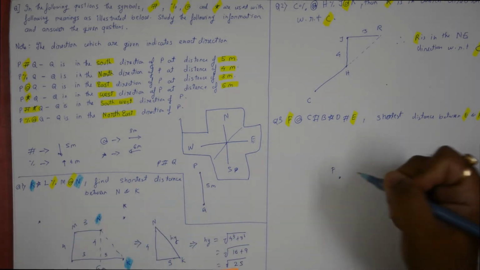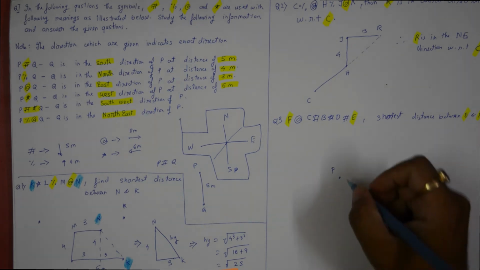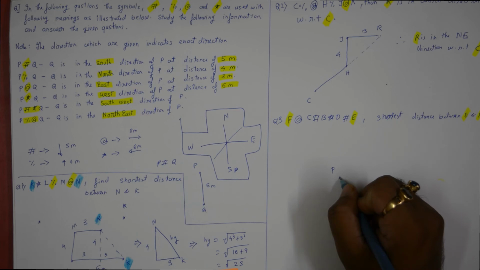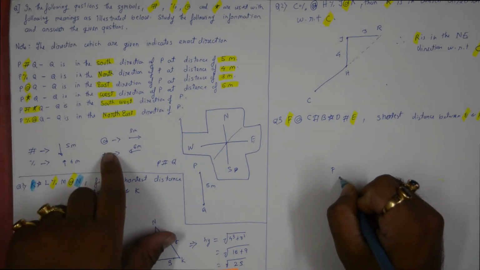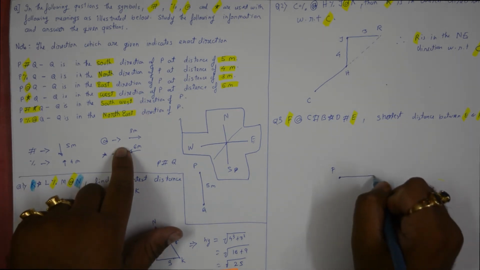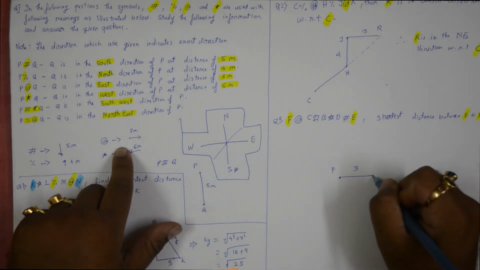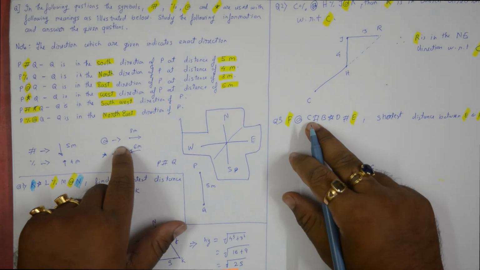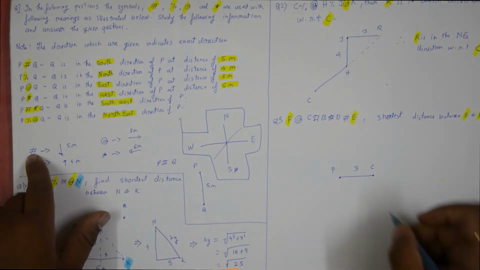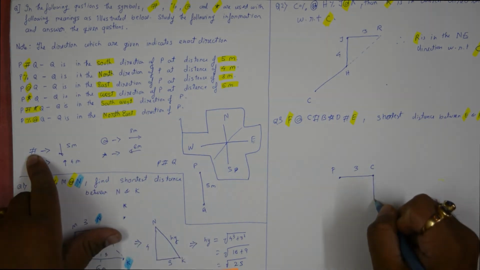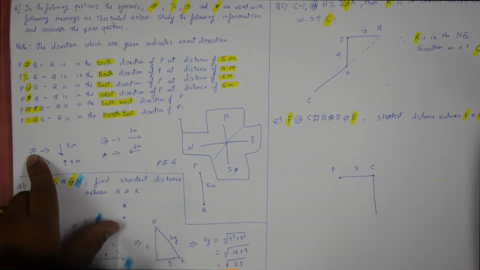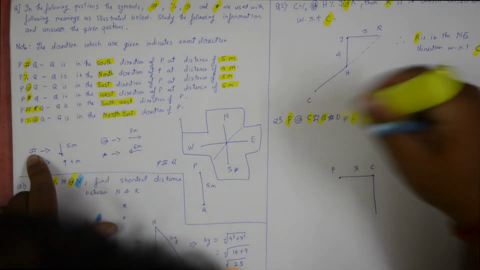This will be our F. Now at the rate C means 3 meters to the right. Okay, easy. 3 meters and we get our point C. Now hashtag means 5 meters to the south. So we go 5 meters approx and we get our point B.